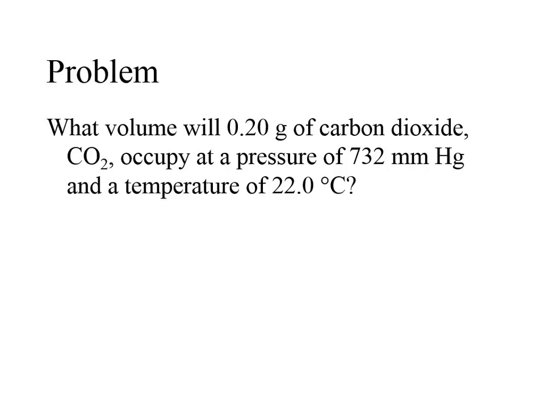Then it gives me a mass of carbon dioxide. I would find my moles, and I would say 0.20 grams CO2. We can get from grams to moles, can't we? Yes, we can. The pressure is 732 millimeters of mercury, and temperature is 22.0 degrees Celsius. See, if you do it like this, you're like, oh, okay, I can do that.